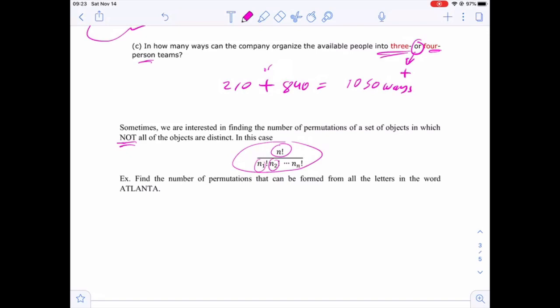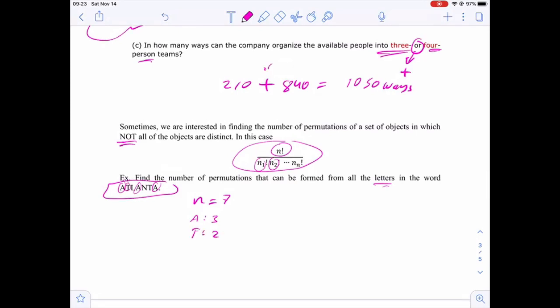For example, if we want to find the number of permutations that can be formed from all letters of the word Atlanta. So here we have n equal to 7, and for letter A, it's repeated 3 times, letter T is repeated 2 times, letter L 1 time, and letter N is 1 time.